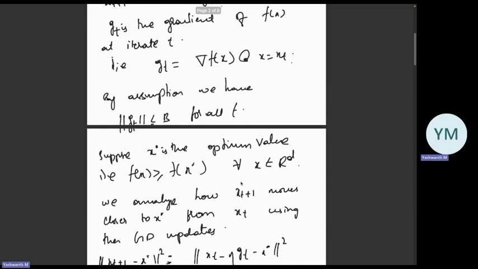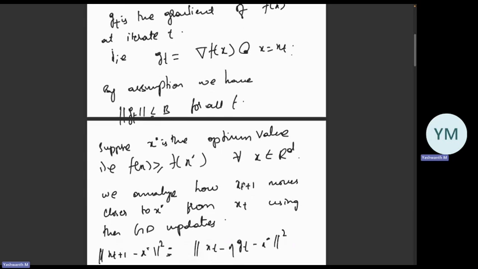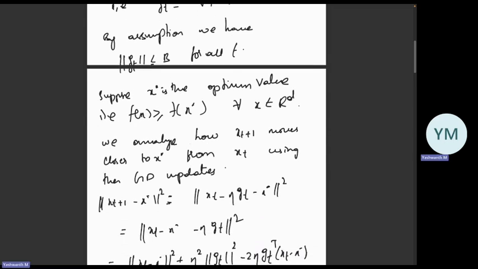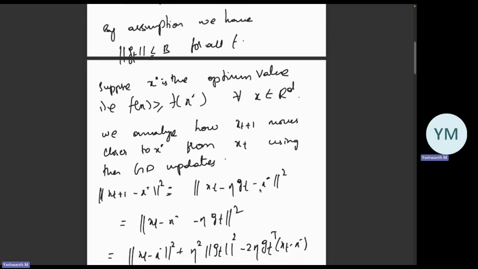We now analyze how the next iterate, that is x_{t+1}, moves closer to the optimal x star from x_t using the gradient descent updates. We analyze how close x_{t+1} gets to x star in terms of the previous iterate. Simply by substituting the gradient descent update rule for x_{t+1}, we obtain this equality.